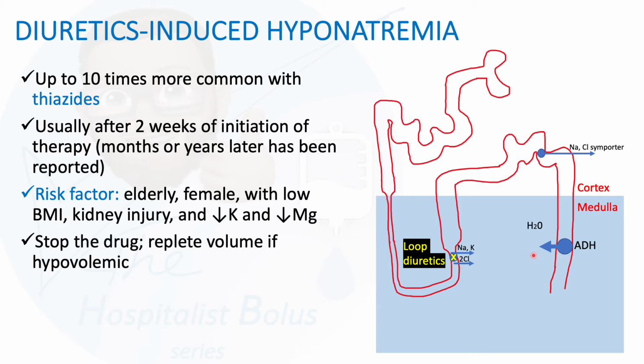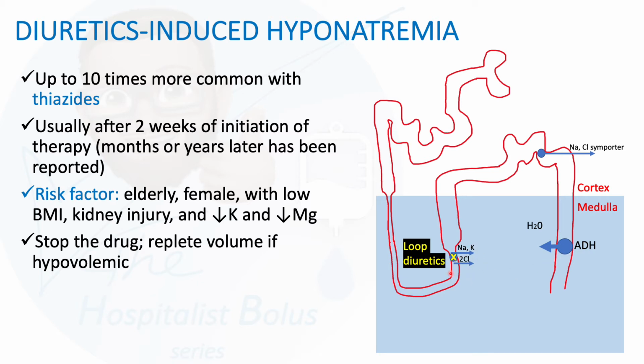So what happens here is, the ADH basically opens the water channels, or the aquaporins, as some people like to call them, and these aquaporins will allow the water to move across the osmolality gradient. So water will basically move from the tubule and be reabsorbed into the medulla when the concentration is high. The higher the concentration, the more movement of water will happen.